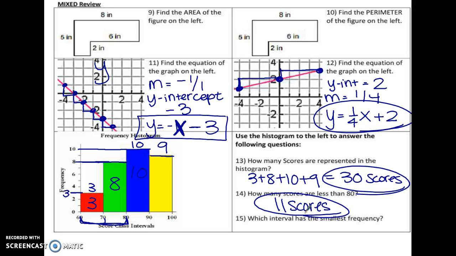Which interval has the smallest frequency? So the smallest one here on the graph is 3, and that's from 60. And if you're talking about an interval, it's probably 60 to 69, instead of 70, because that would be included in the next bar.